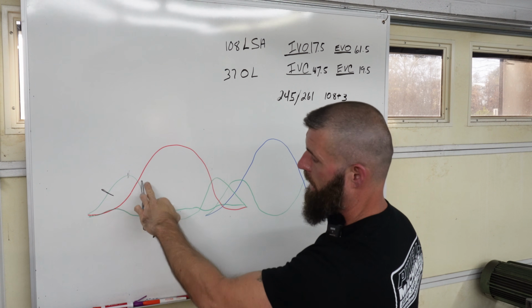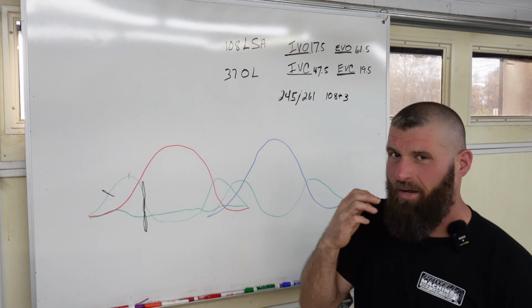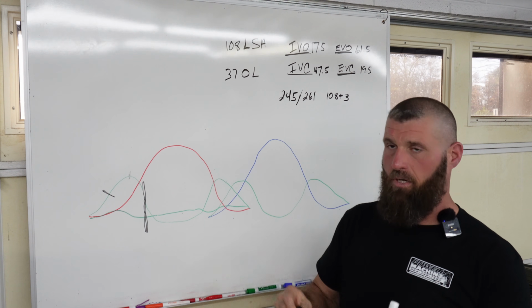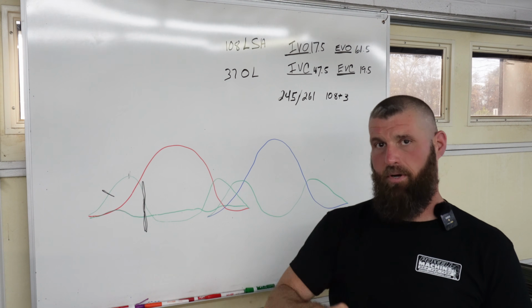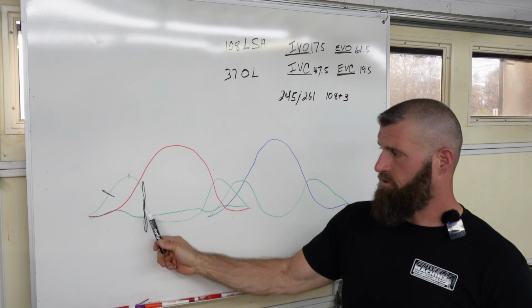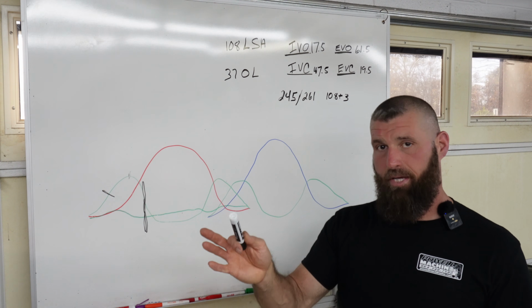That's usually on a hydraulic somewhere around 160-ish lift, give or take 20 either way, depending on the lobe design. On a solid with a lot of lift, that's going to happen right around 200 lift. So that is where it's going to, for lack of a better word, crap the bed.